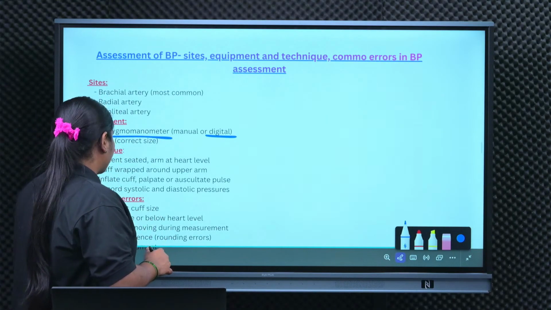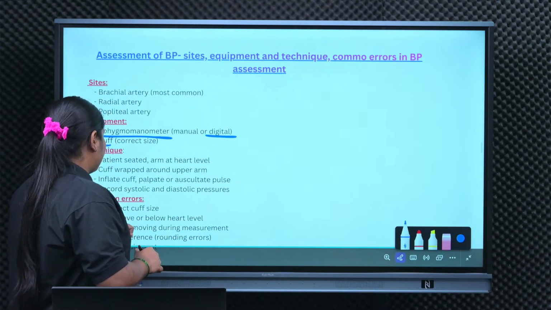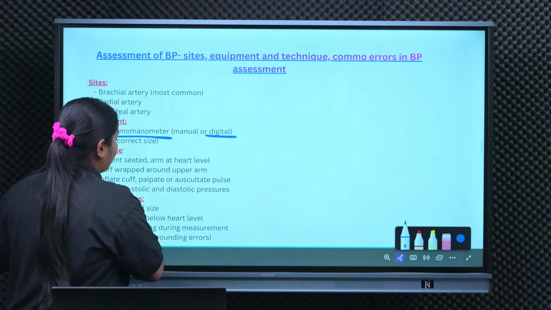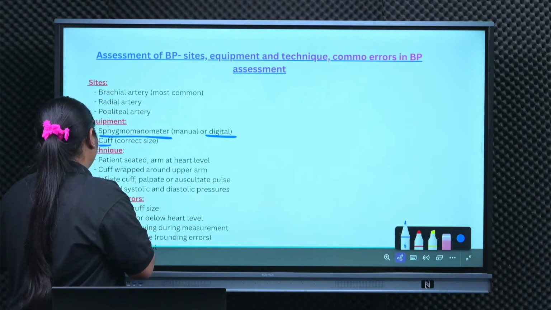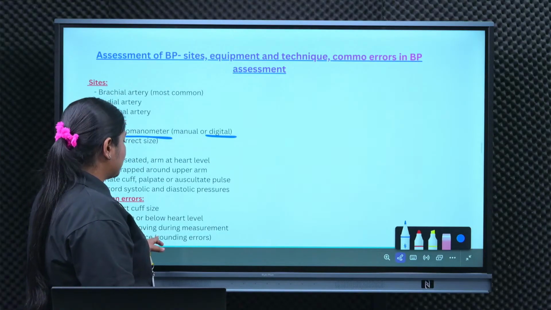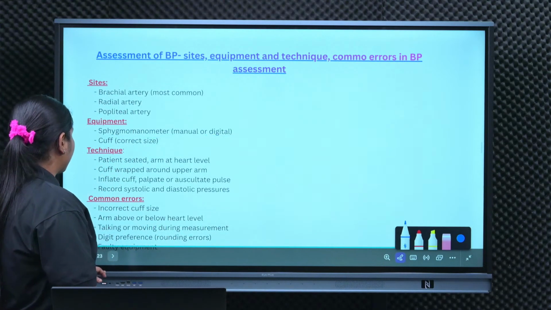Incorrect cuff size, arm above or below heart level, talking or moving during the measurement of the BP will not give the correct result. Digit preference, rounding errors, and faulty equipment can also cause errors.